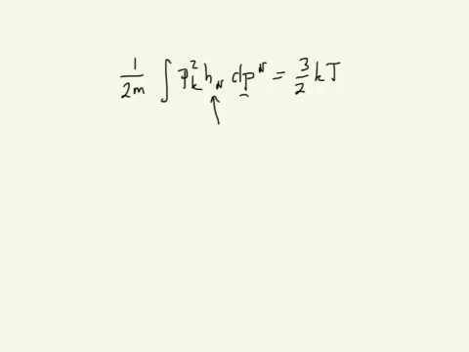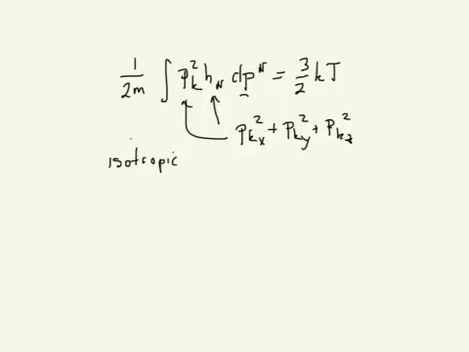And note that the kinetic energy, pk squared, could be written in component form as pkx squared plus pky squared plus pkz squared. And for an isotropic system, we wouldn't expect any difference between any of these three contributions.